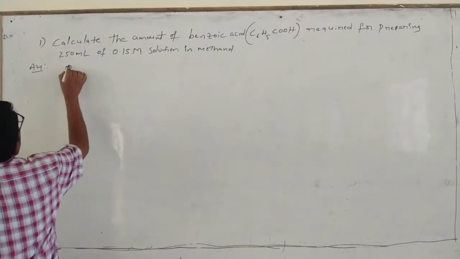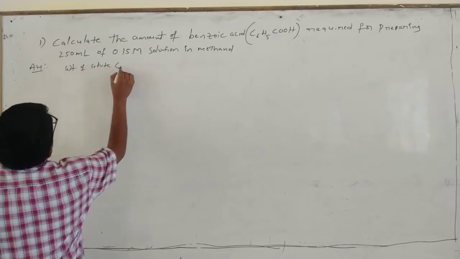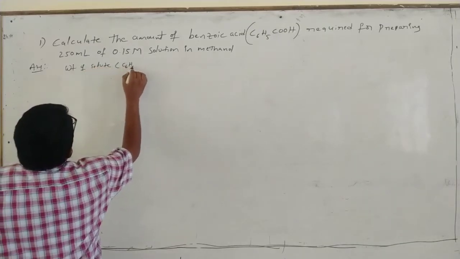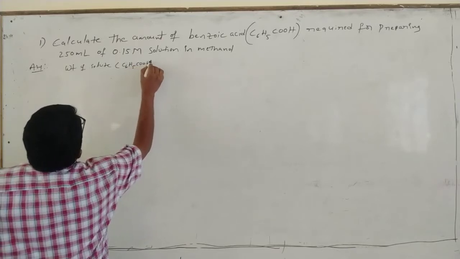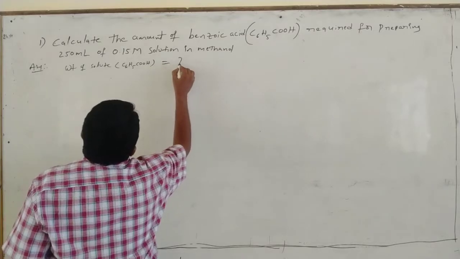Now the weight of solute. Here the solute is what? C6H5COOH, benzoic acid. We don't know, so this is a question mark.